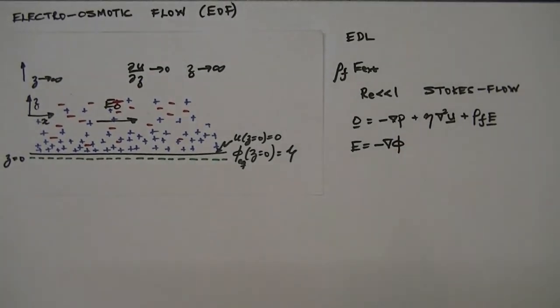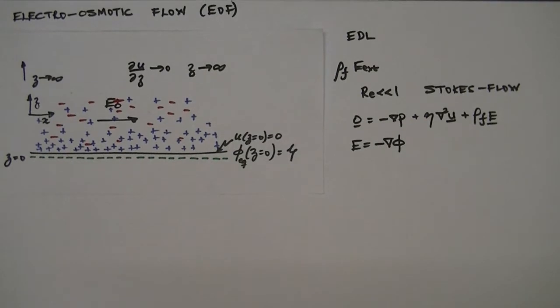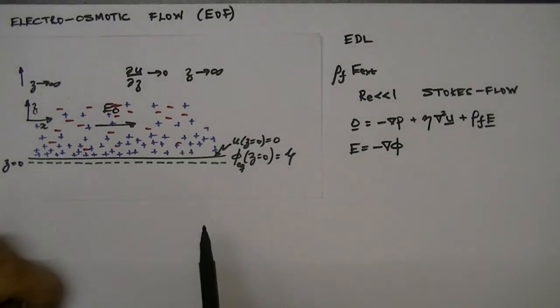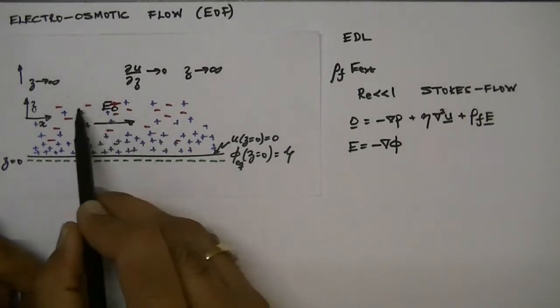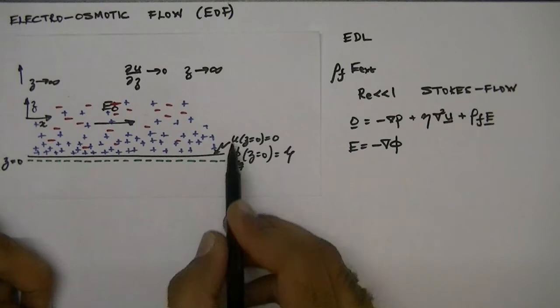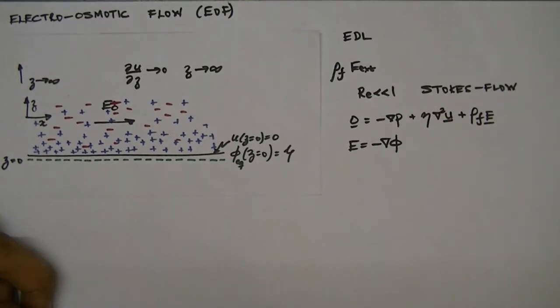Now in this case we have potential due to two effects. One is the external electric field, and another is the equilibrium potential established due to the formation of electrical double layers.